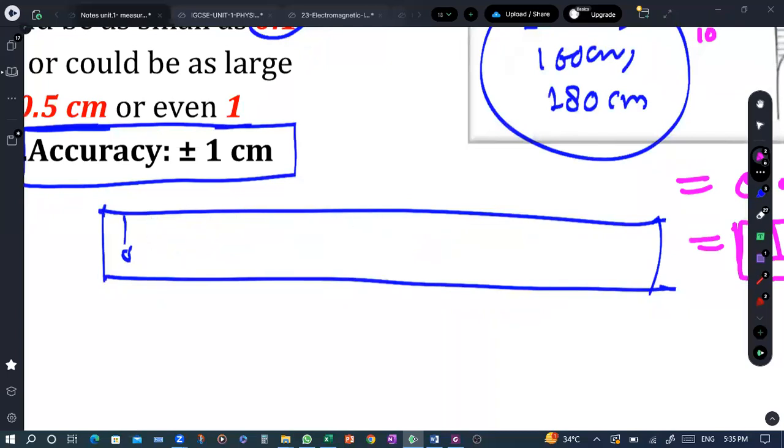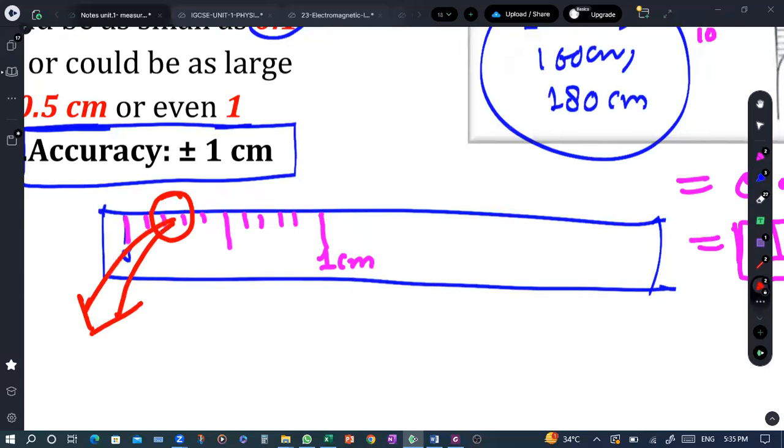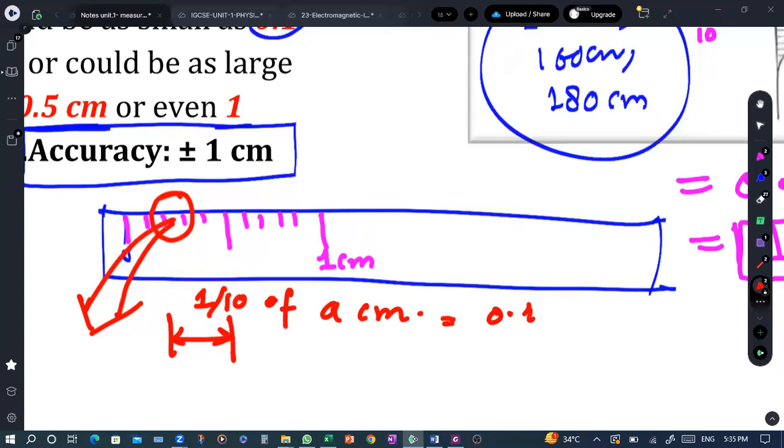So if I have this length as 0, 1, 2, 3, 4, 5, 6, 7, 8, 9, 10, and this is a 1 centimeter slot, then if I zoom this out, this gap is 1/10 of a centimeter, so 0.1 centimeter.